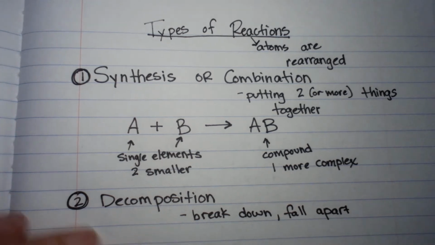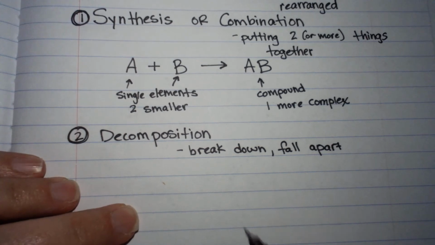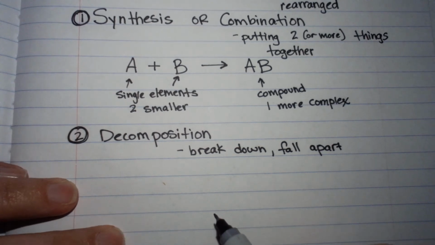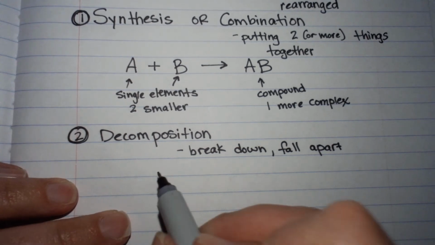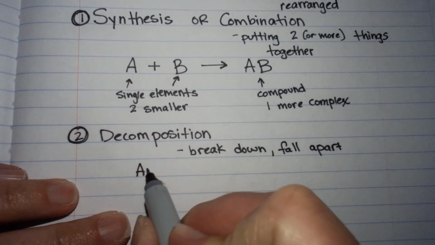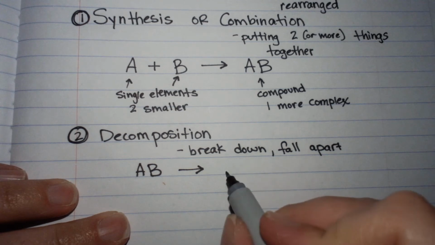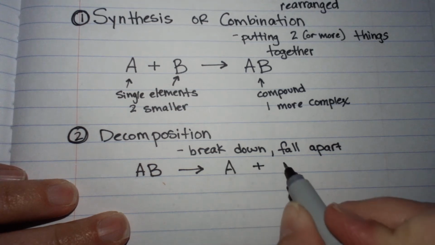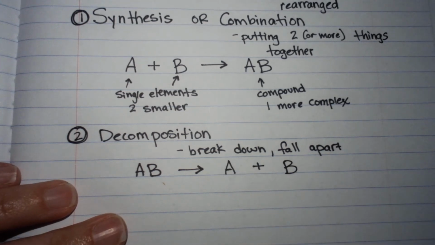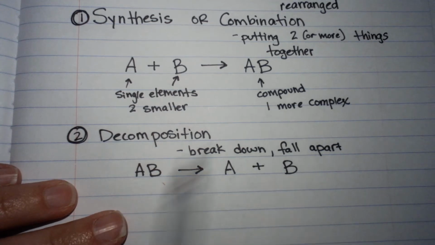Okay, so let's look at what that might look like. And this is really the reverse of synthesis or combination. So we would have AB becoming or producing A plus B. So you can see that's exactly the opposite.